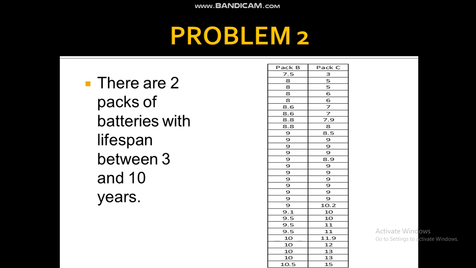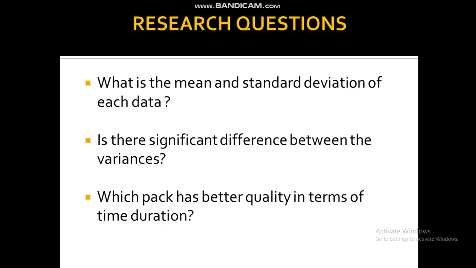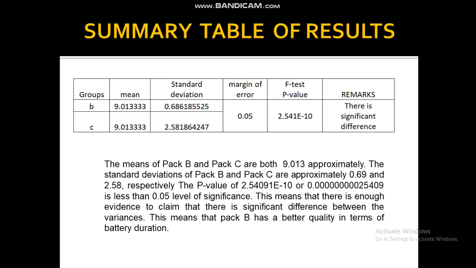Okay, here it is. There are two packs of batteries with lifespan between 3 and 10 years. It is the same as problem one, with the same pack B, but we have another pack of batteries, and that is pack C. So we have here three research questions, and this is the result.